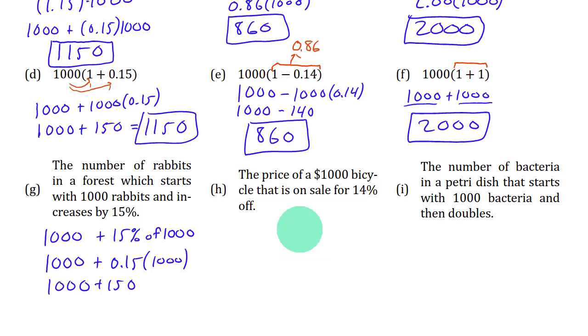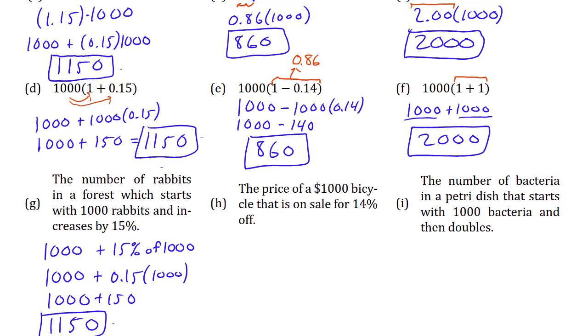So there's the original population of rabbits plus the 15% increase, leaves you with 1,150 rabbits. So this is the same thing as part A here and part D, and now we're just looking at it from a word problem sort of point of view. And being able to connect these three different ways of conceptualizing this is sort of what this section 6.2 is all about.